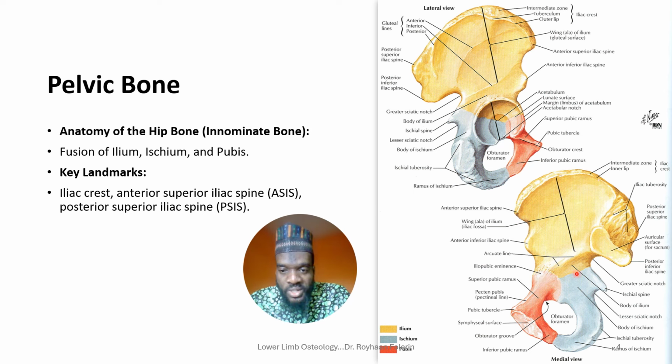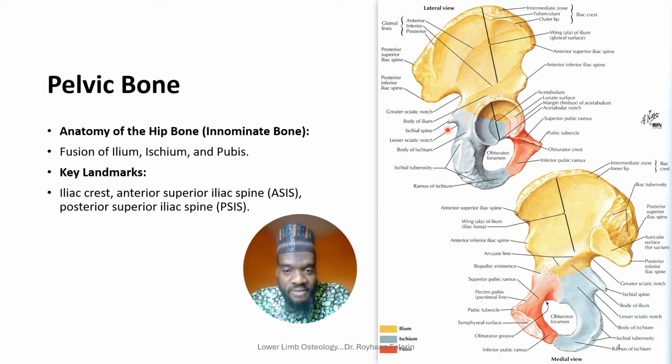And going inferior now, let's look at the ischium, the ischial bone now. The ischium, you can notice it has a spine here as well, a spiny projection, and this region of it is known as the ischial spine, okay?